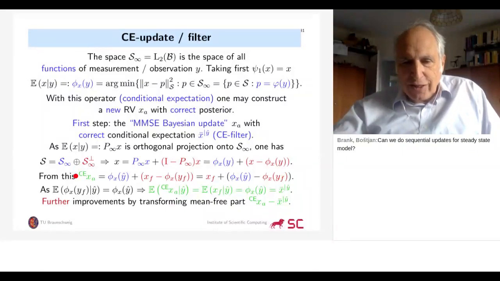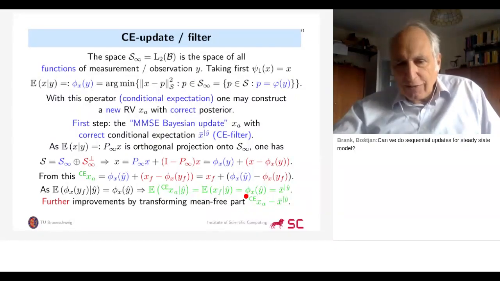Now, if I compute the conditional expectation of this guy here, it turns out, because this is a projection, doing a projection twice gives you the same thing. The conditional expectation of this here turns out to be the conditional expectation of this, and this is exactly this here. So this is the conditional mean. So this assimilated random variable has the correct conditional mean, okay?